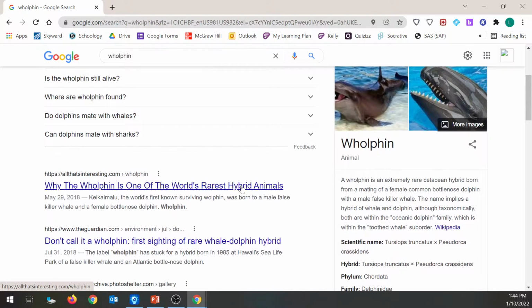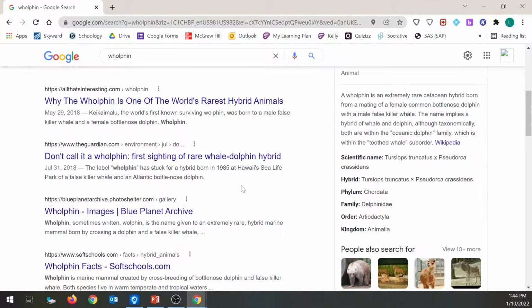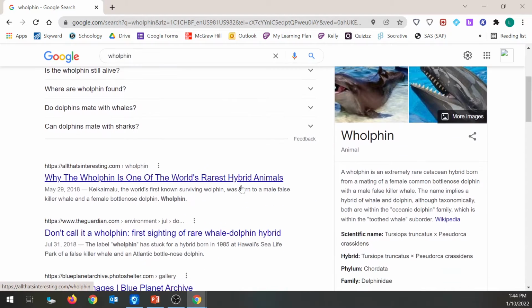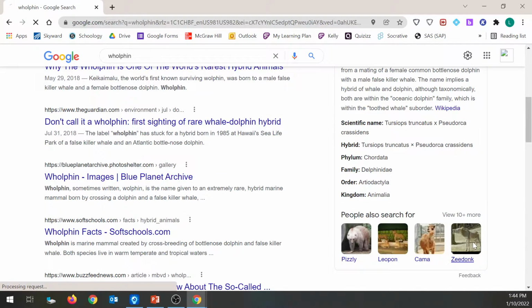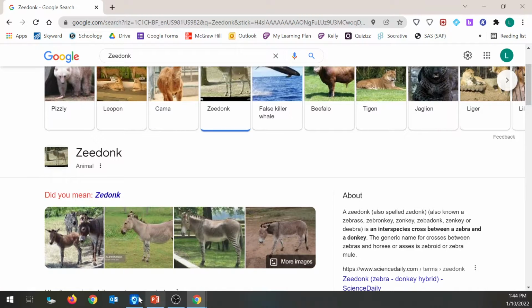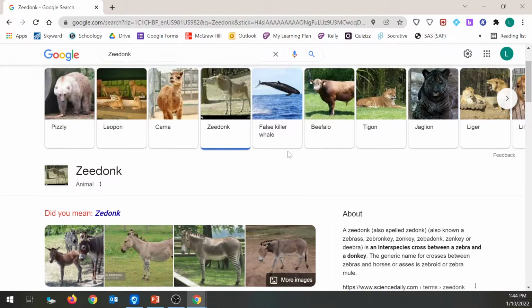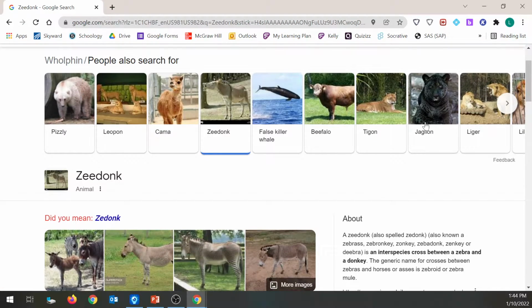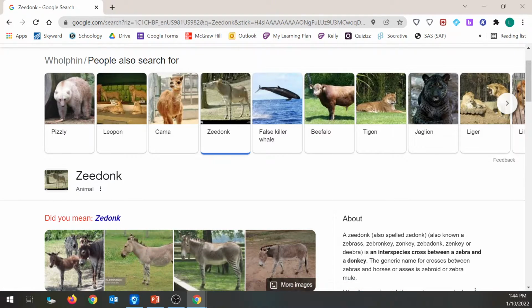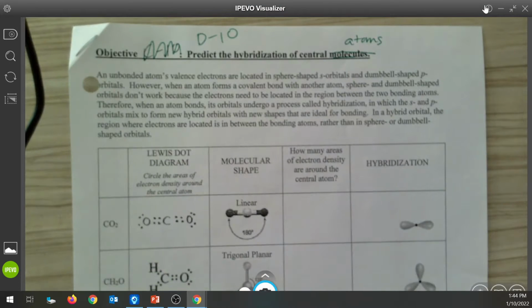It's one of the world's rarest hybrid animals. A zedonk, a zebra and a donkey. A jaglion. A false killer whale. What is a false killer whale? All right, we're going to stop.